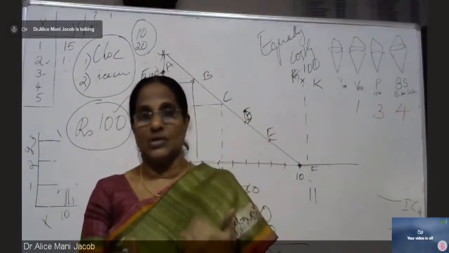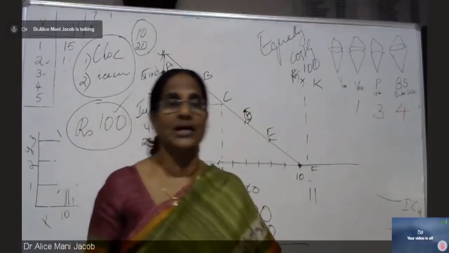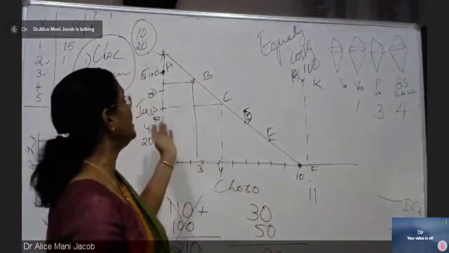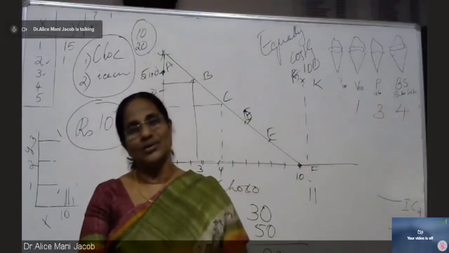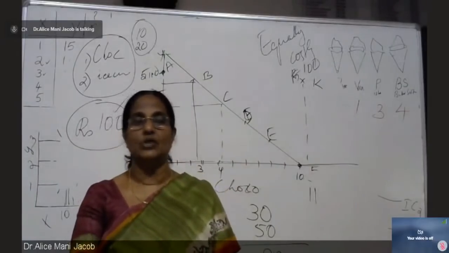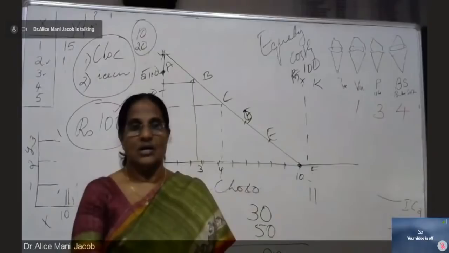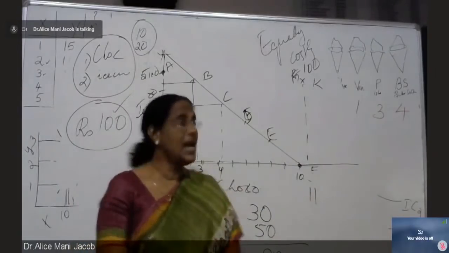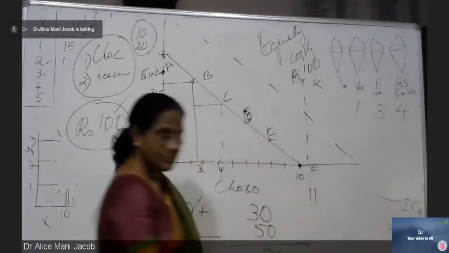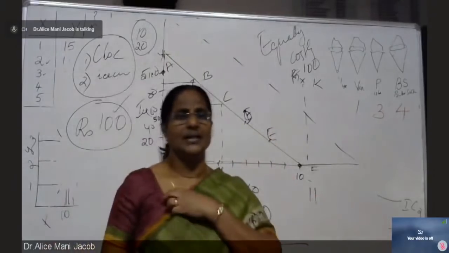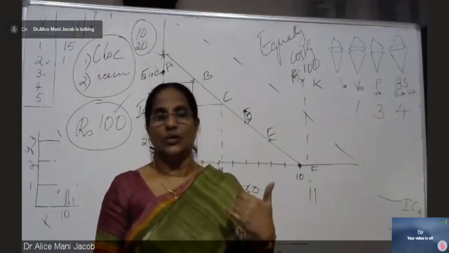Now I'll ask you some questions. You can go home and do this homework. What will happen if your father gives you 150 rupees? Prices remaining the same, the budget line will shift to the right. You don't have to learn all that because it's not included in the book.